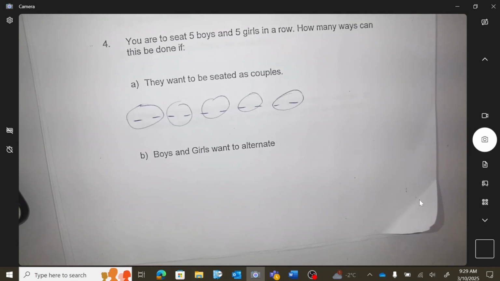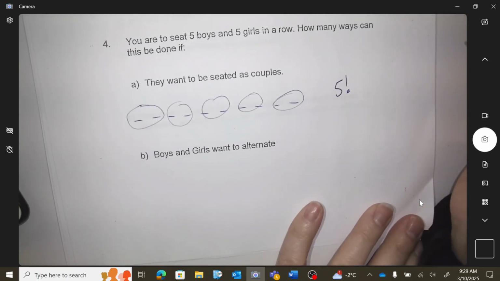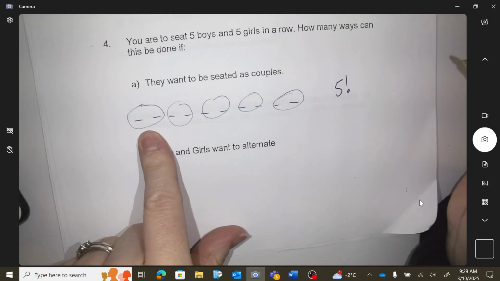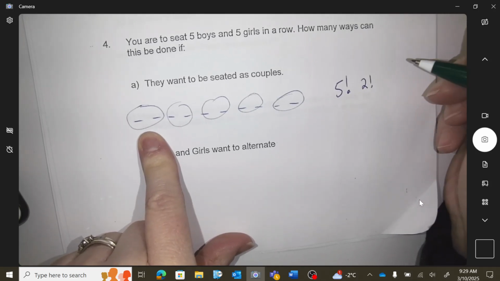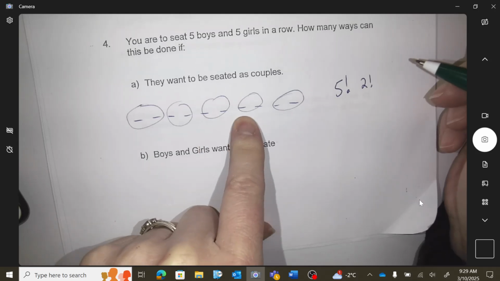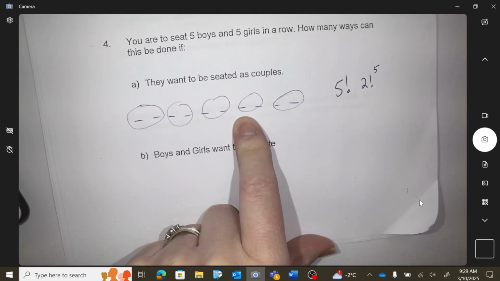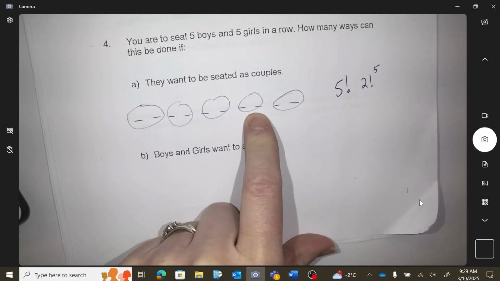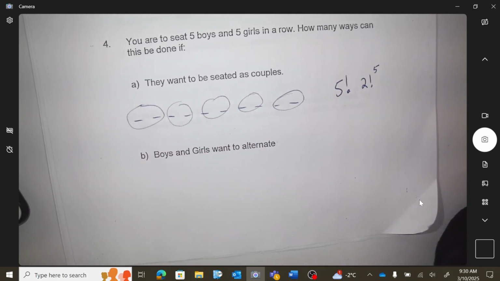So how many different groups or things am I moving around? 5. Then what could this couple do within themselves? Switch around. So could these. So could these. So can I do that? How many groups? What's happening within the groups?